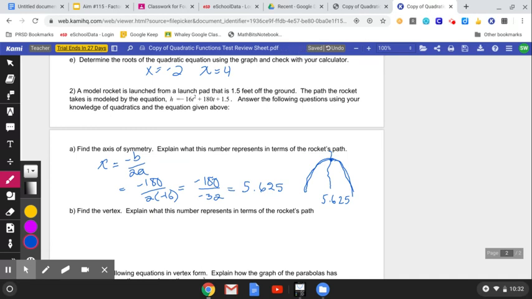Now it says find the vertex. Just like we did in the last one, we're going to put that right into the equation: -16t squared plus 180t plus 1.5. Except that now I have to put in all these values.